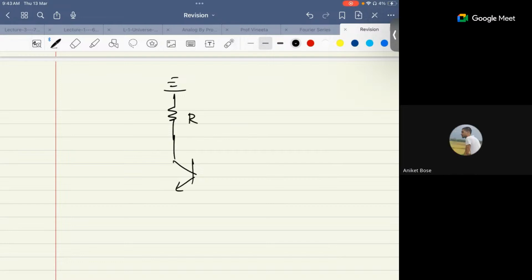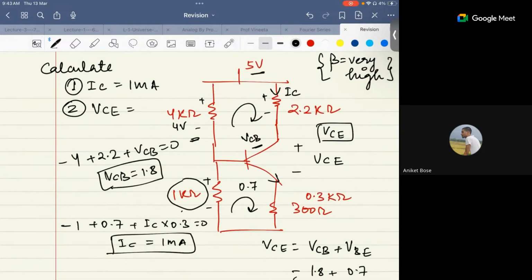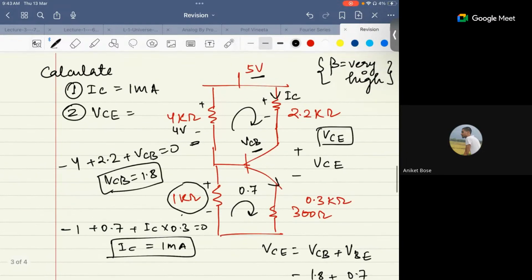In the previous comprehension, if a beta is given, not very high but a value is given, then do we have to use some mesh analysis? If you have been given beta, even with the Thevenin also you can solve, right?